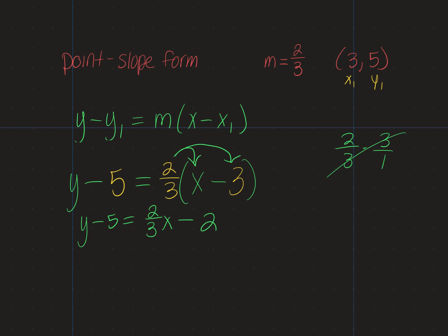All right, and then now we're going to do what? Add the 5. There it is. Ta-da! Now we have an equation in slope-intercept form. Do they want us to continue, or is that the answer? That's as far as you can go, unless it asks you to then graph it.